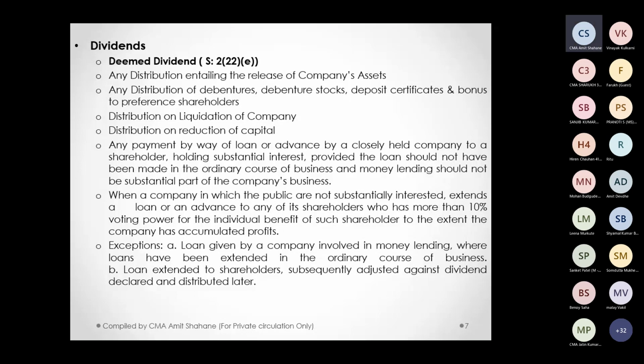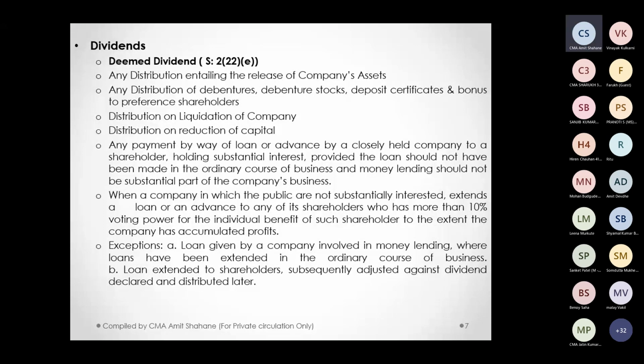When I'm distributing laptops, obviously I'm releasing it from my stock, and stock is nothing but my asset. So any distribution which is releasing your company's assets will be treated as a dividend. Similarly, any distribution of debentures, debenture stock, deposit certificates, and bonus to preference shareholders, this is also treated as deemed dividend.